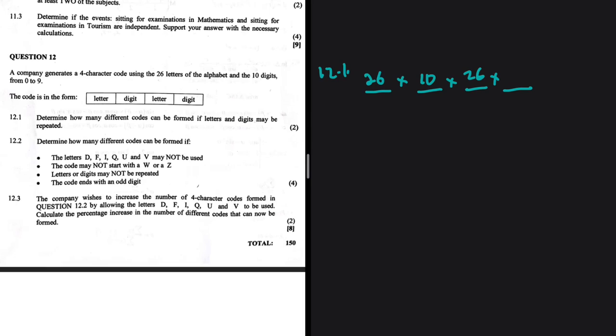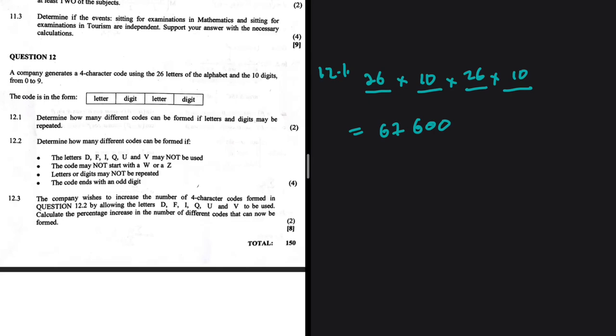And when we fill the fourth spot with the digit, we still have 10 options. So the answer here is 26 squared multiplied by 10 squared, which is 67,600. So there we go. That is the answer to 12.1.